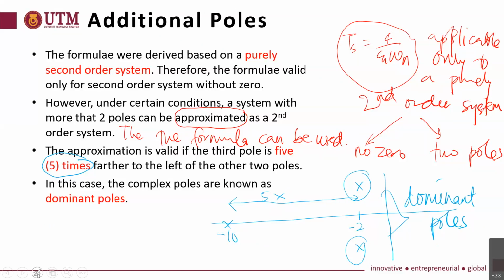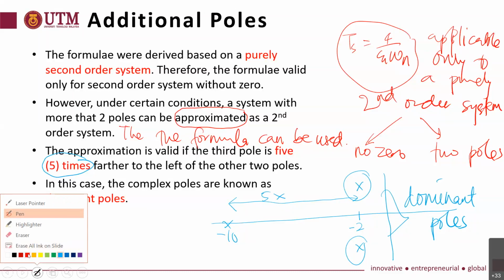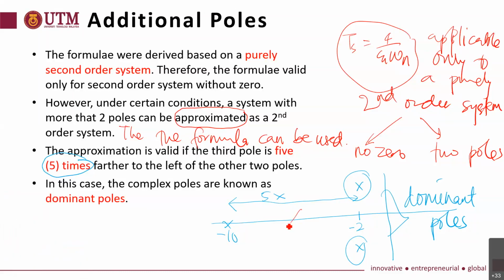But if, let's say, the third pole is here, at minus 6, then we cannot approximate. Now the system is a third order system. All poles are important, all are dominant, so it is a third order system, and the formula cannot be used.